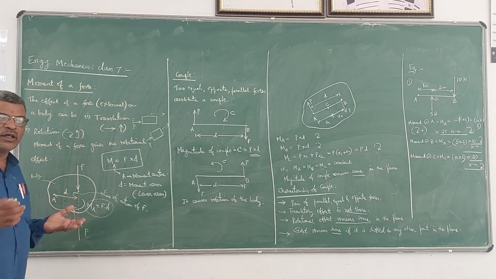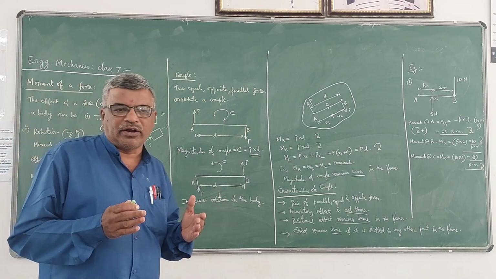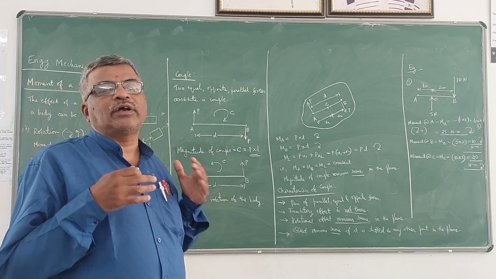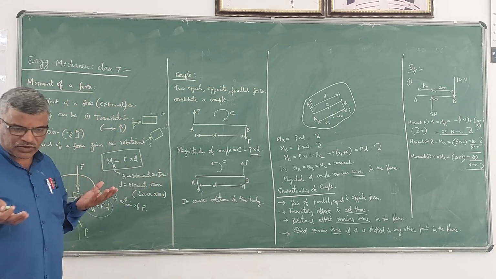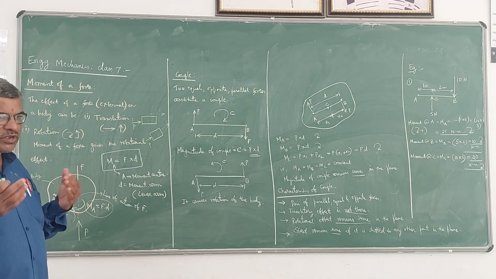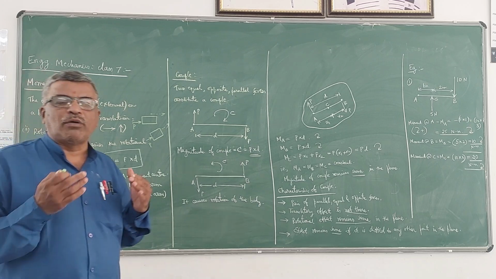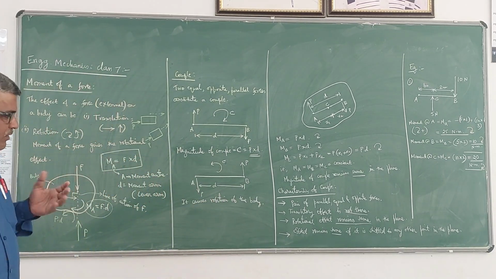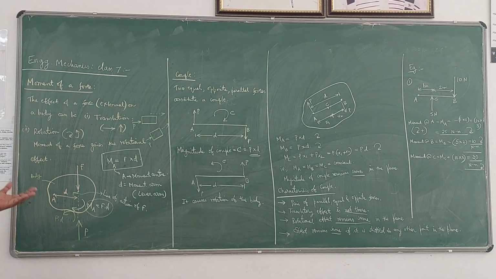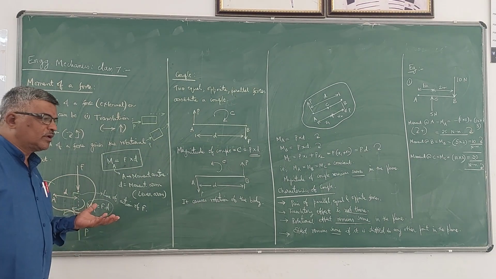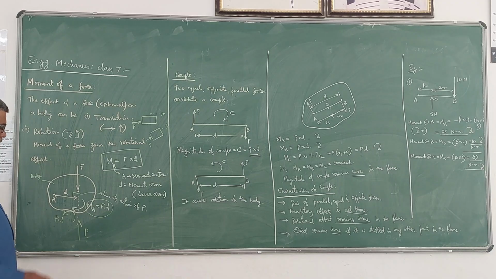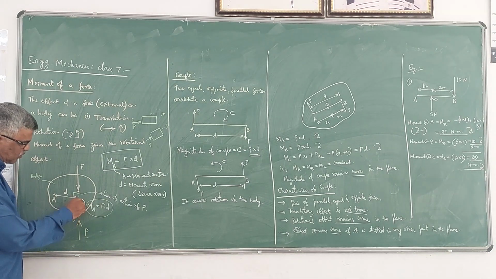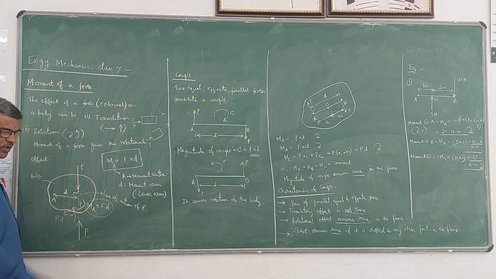Like this, there may be a number of forces acting on a body. So we have to find the combined rotational effect of all those forces by considering the moments of individual forces with respect to any point. When considering the algebraic sum, the total effect, normally we take clockwise moments as positive and anti-clockwise moments as negative.